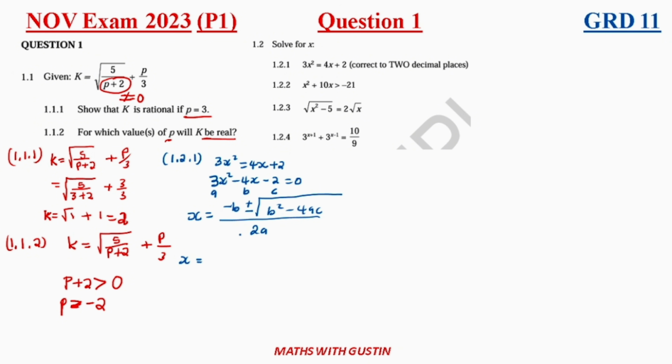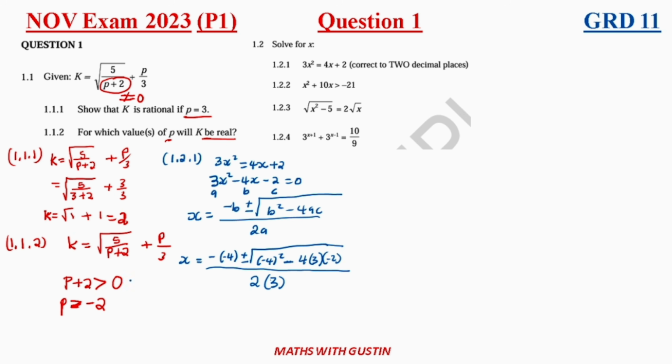So if we substitute that into our equation, we are going to have negative negative 4, plus or minus the square root of negative 4 all squared minus 4 times a, which is 3, times c, which is negative 2, all over 2a. A is what? A is 3.